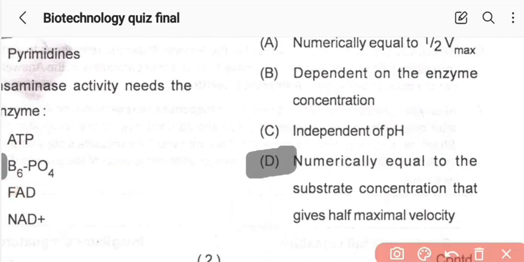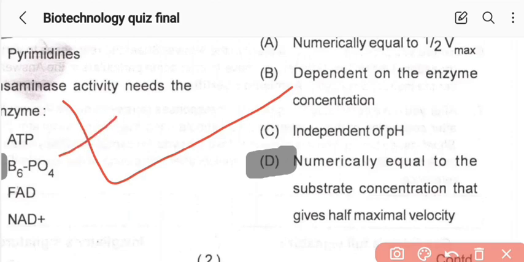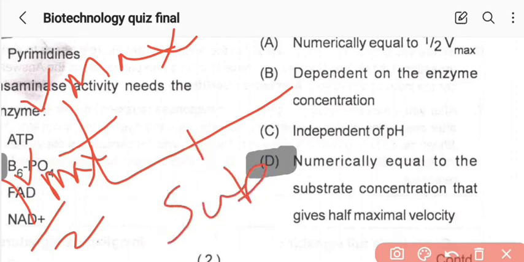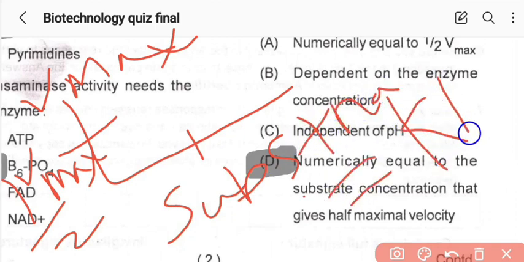Suppose we are calculating the rate of a reaction, and the substrate concentration at which the rate of the reaction reaches half of the total velocity, half of Vmax, that substrate concentration is equal to the Michaelis constant.